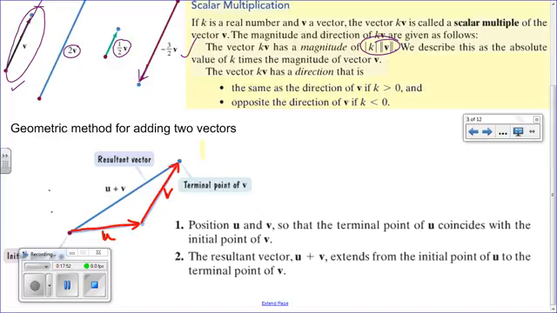And so whenever you want to add those 2 vectors, what you do is position u and v so that the terminal point of u, which is this one right here, coincides with the initial point of v. And the initial point of v will also be this one right here.